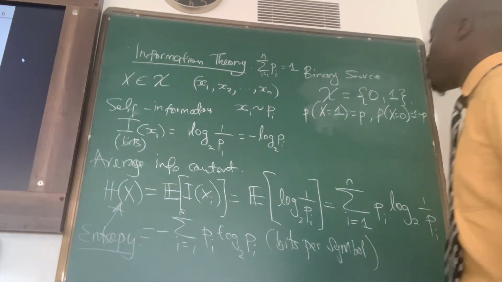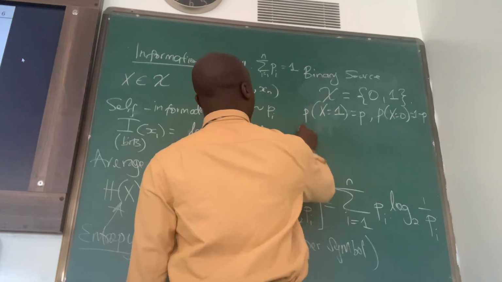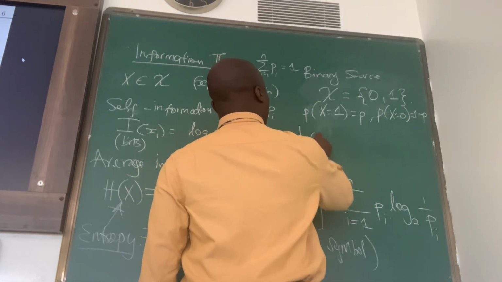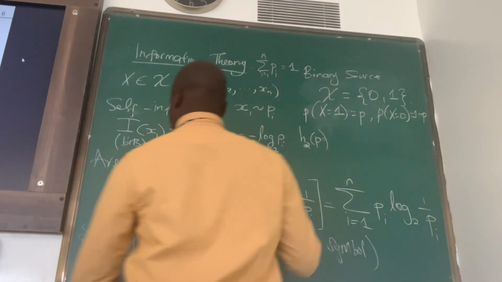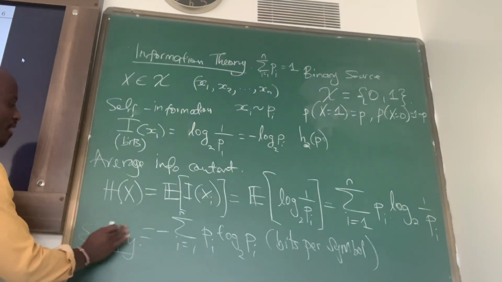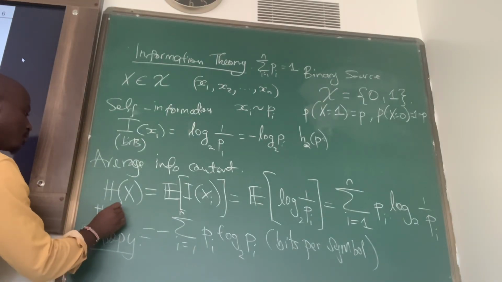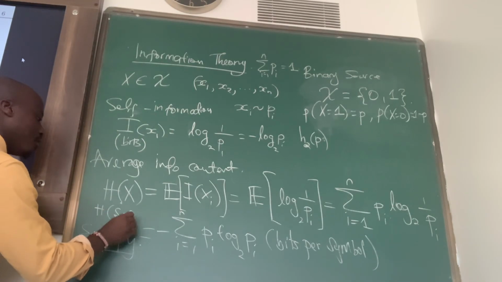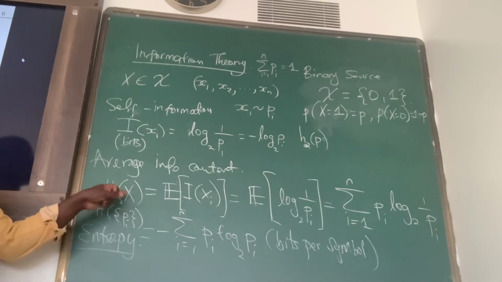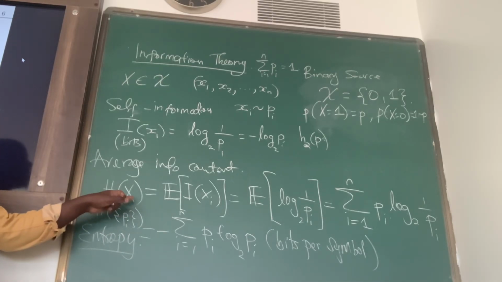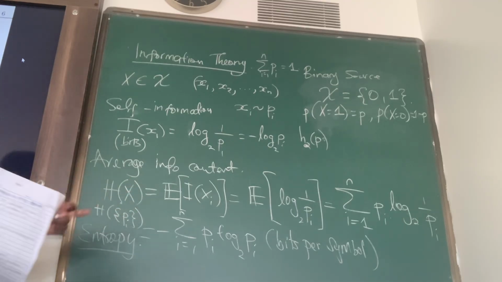Then for a binary source, if you calculate its entropy, it's going to give you a measure H2(p). But sometimes this entropy can be represented as H of X. When we write it like that, it might look like a function of X, but this is a deterministic function, so it's a constant.